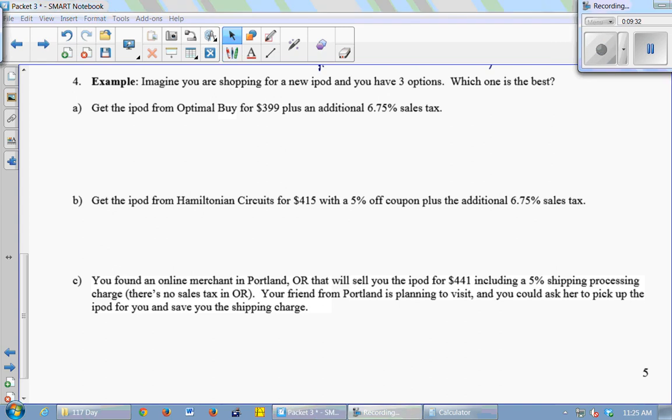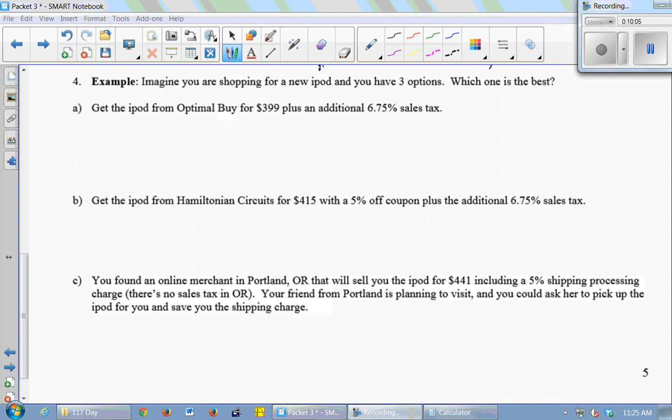Okay, so let's go over these. If you're just going to go down to Optimal Buy, the easiest thing you could do here is just go to the local Optimal Buy. And you pay $399 plus 6.75% sales tax. So how do we figure out the sales tax? Price times the sales tax as a decimal, or a fraction, because 6.75% means 6.75 over 100.